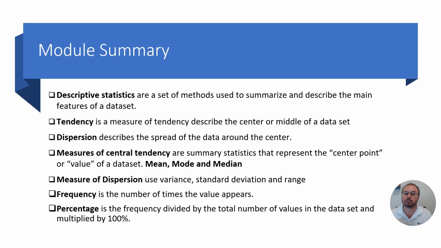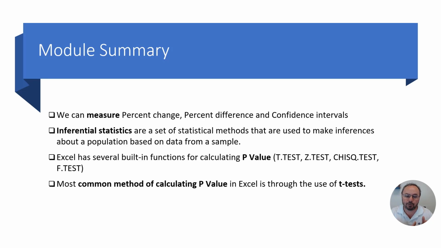Measures of dispersion use variance, standard deviation, and range. Frequency is really the number of times that the value appears. Percentage is the frequency divided by the total number of values in the data set multiplied by 100%. Now we of course can measure percentage change, percentage difference, and confidence intervals in our data analysis tool set. There's a number of different ways we could do that.